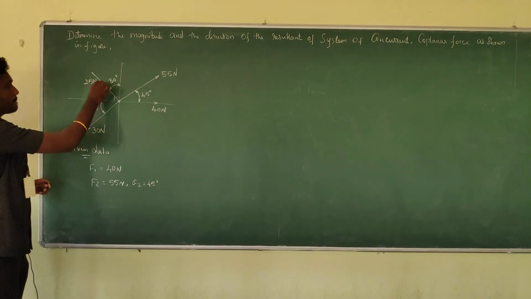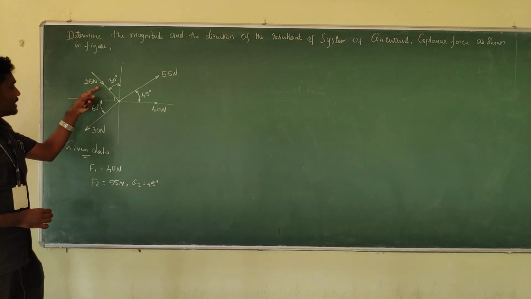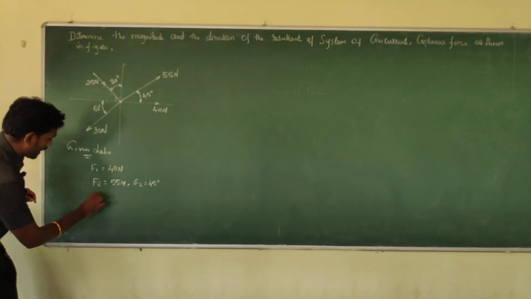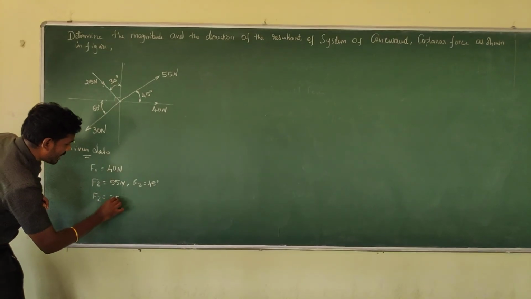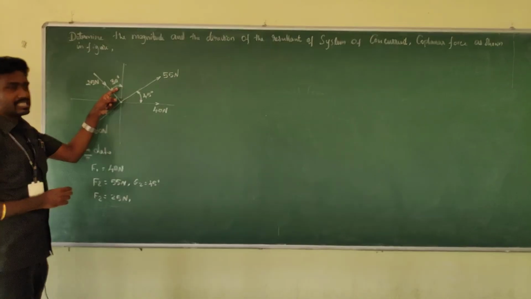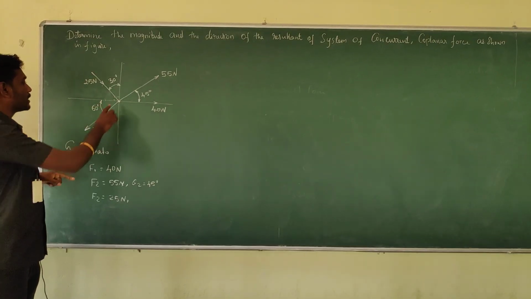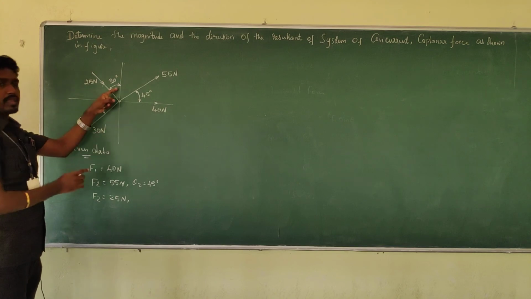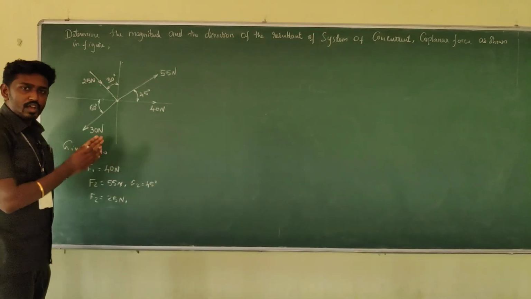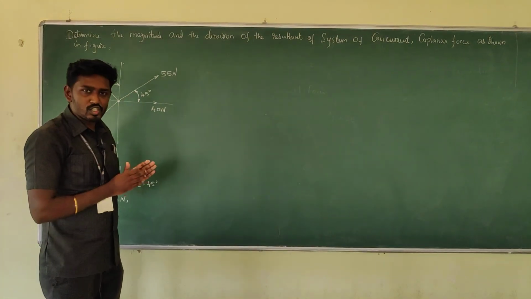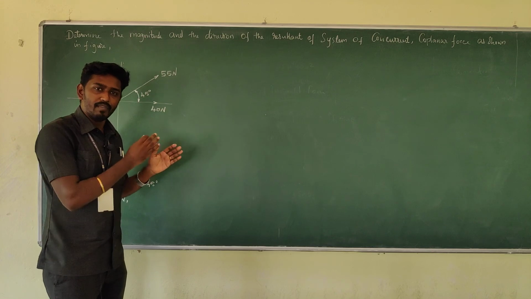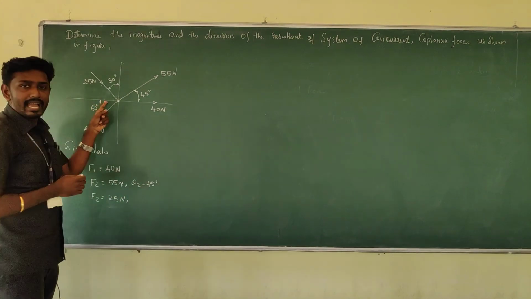And then come to the next quadrant. There is a force which is 25 Newton, F3 which is 25 Newton. What about the inclination? It is given here as 30 degree with respect to the y-axis. Always when you are solving in the resolution method, we have a practice of making the angle with respect to the x-axis.